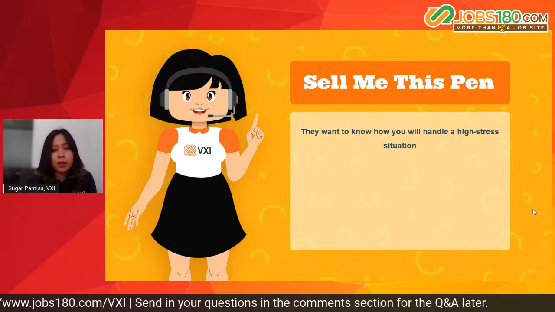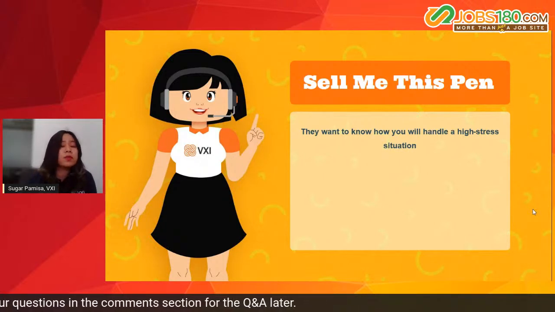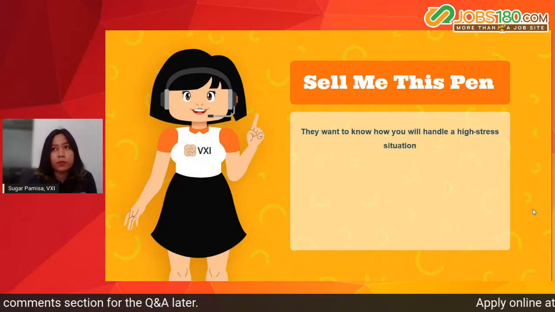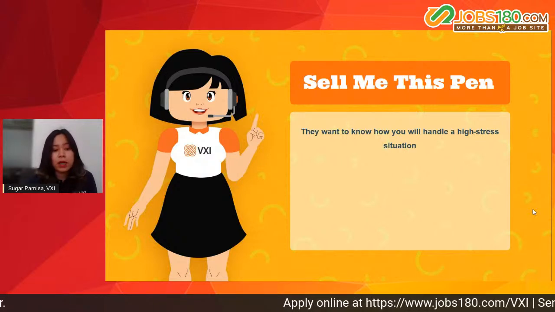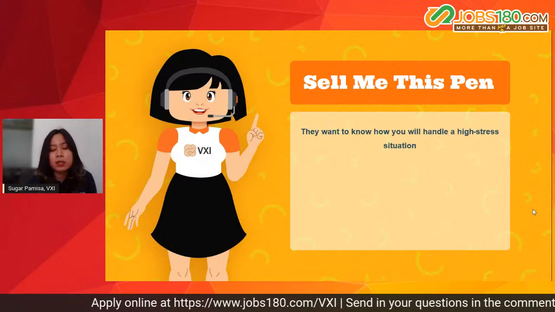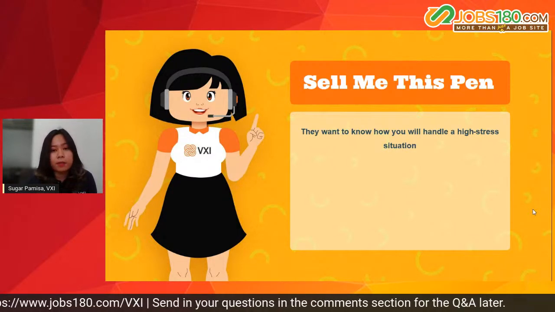So yeah, I think we have different ways of coping with stress. So it would be really best if you could experience high stress situations so that you will know how you can handle them on your own.